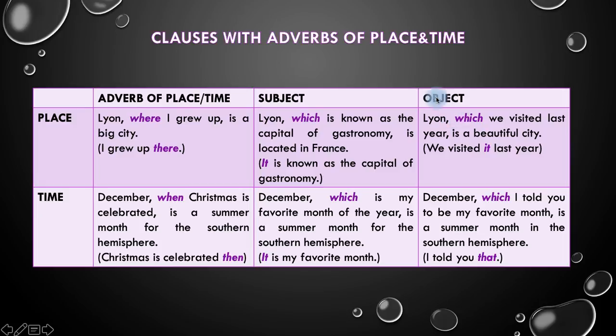And again, if we use it as an object, the sentence will look like this. Lyon, which we visited last year, is a beautiful city. We visited it last year. That's the meaning of which. You cannot use where here.